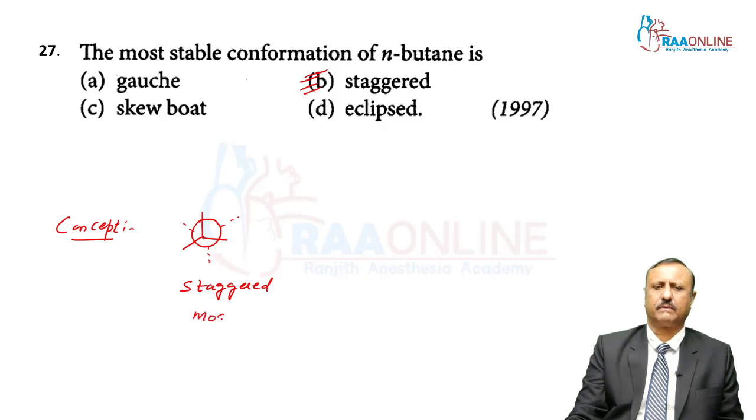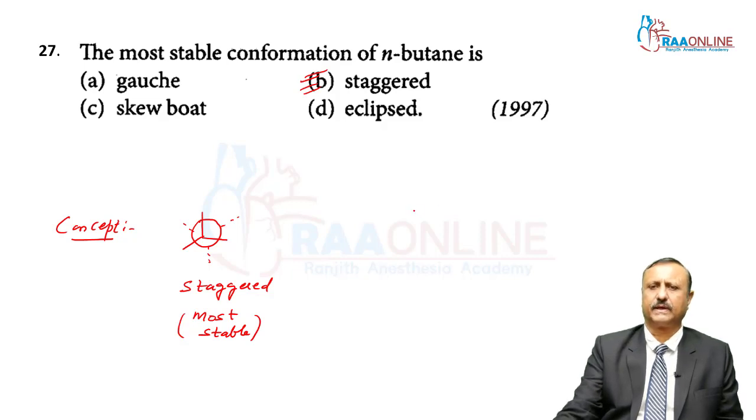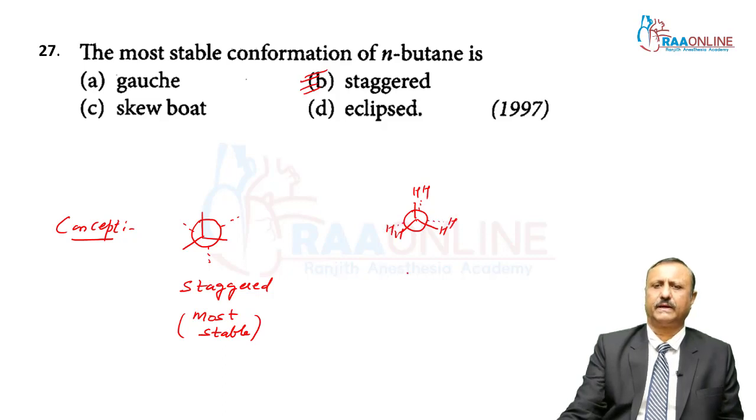It is the most stable. And my dear students, when you see the eclipsed form, this type of form is called eclipsed form. You can see the eclipsed form is the less stable form because torsional strain is present.